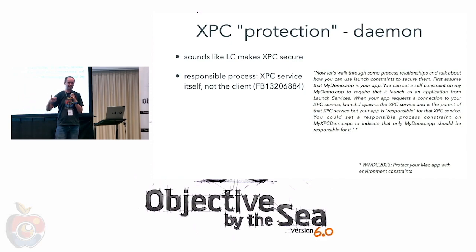So secure client validation is the only way to secure an XPC service. Launch constraint will not solve that issue. Maybe they didn't mean to solve that issue, but it doesn't.